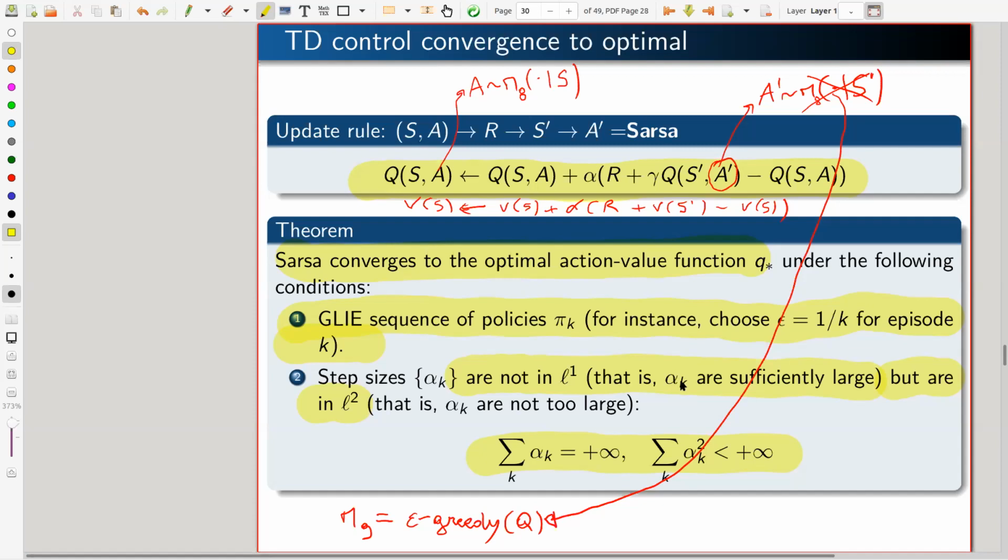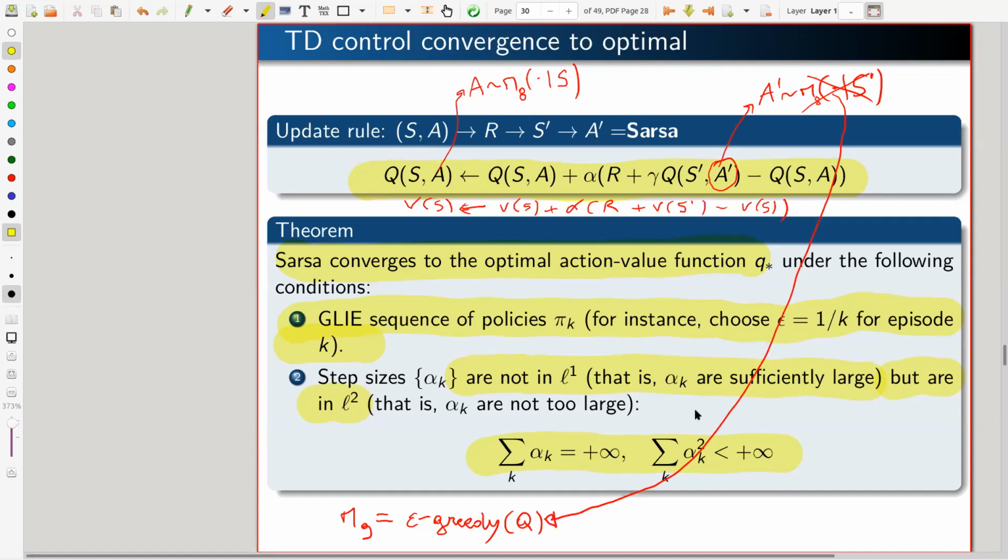If the learning rate is 0, it means that you trust the old value and you are just dropping out the new target. In between, you have intermediate values, and the learning rate going to 0 means that once you're doing more and more steps or episodes, you are trusting more and more your old value.